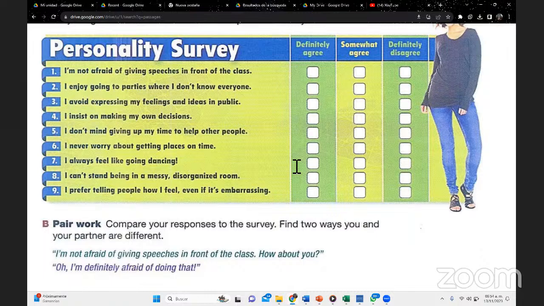For me, definitely disagree, because if I don't know those people, I prefer not telling anything. Just hide.